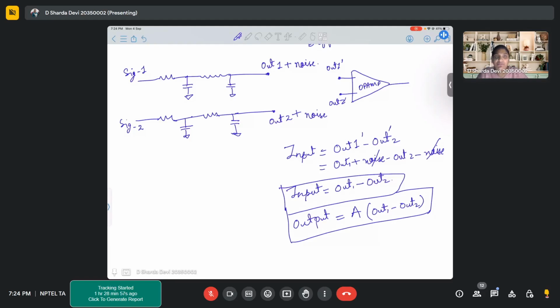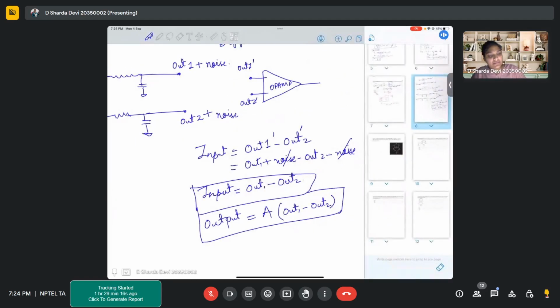When they are perfectly matched noises, they will completely cancel each other. But when they are mismatched noises, then it will lead to reduction in noise rather than cancellation in noise. Clear? Yes, ma'am.